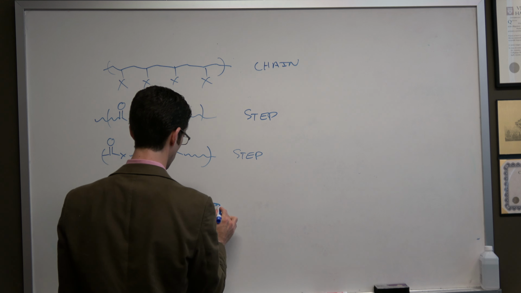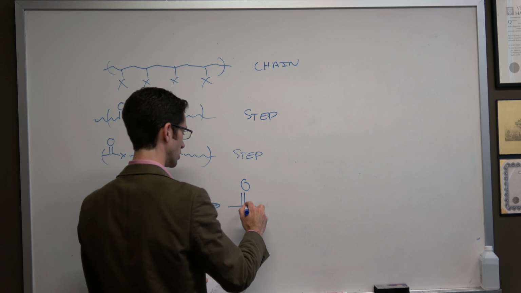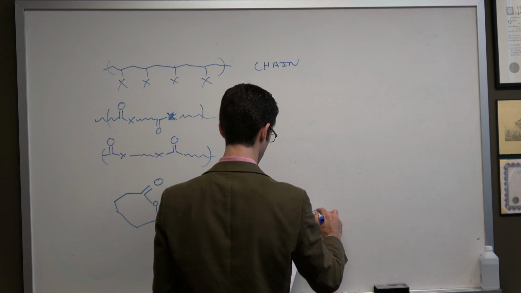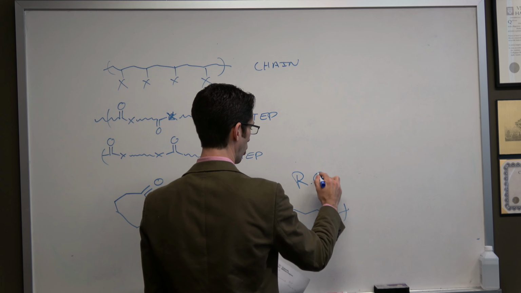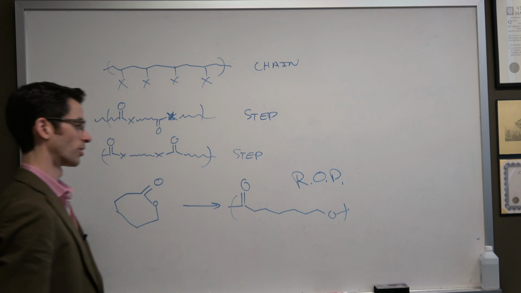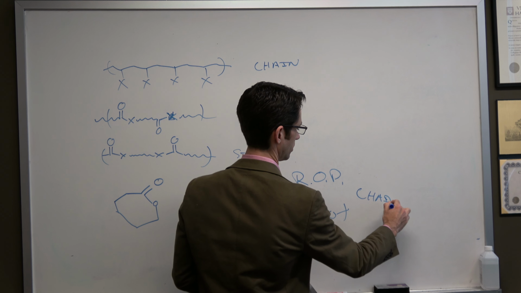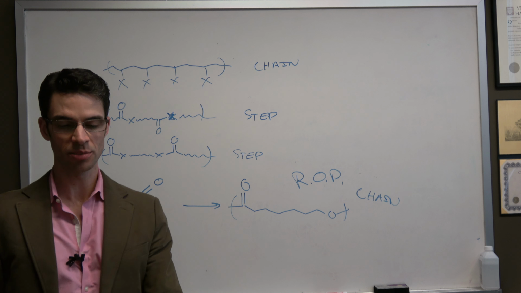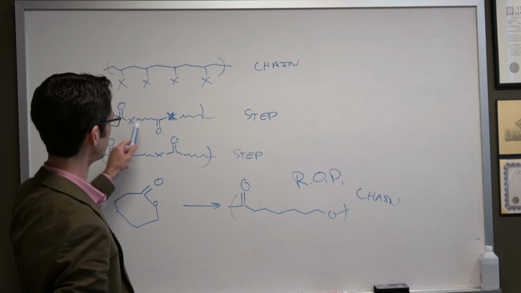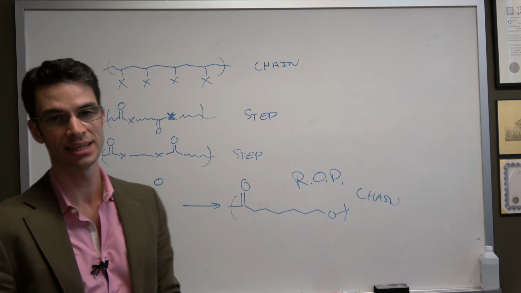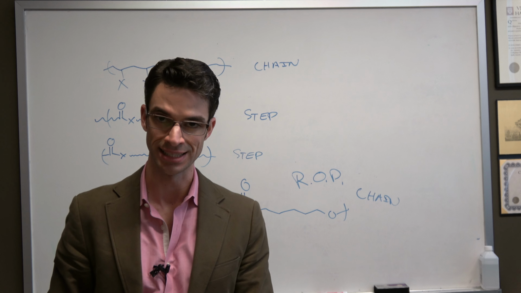So this is called a lactone, which is a cyclic ester, and under the right conditions, this will undergo polymerization by a process called ring opening polymerization, or ROP, and this actually proceeds by chain growth. Another prominent example is when proteins and peptides are made in biological systems. They also have a motif like this, where they're polyamides, and they are made by chain growth processes because they're actually catalyzed by enzymes.